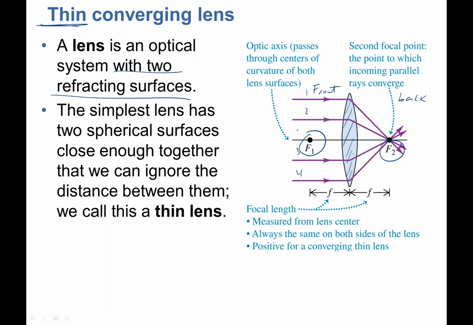Focal length is the measurement of those focal points relative to the lens, and that's why you have one lowercase f, but two different focal points, f1 and f2. Now, when the light is incident in front, it then refracts into the back of the lens.